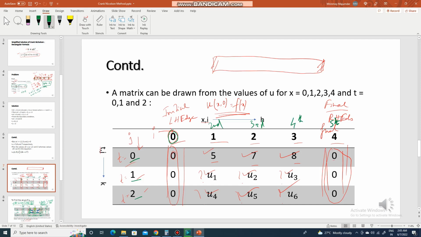And at the edge nodes, as you can retrieve from the boundary condition, that is the 0 and 4 nodes, 4th is the final node, the initial node and final node, left hand side and right hand side, both are 0 degree centigrade. So they are at 0 degree centigrade for all the time increments, correct?